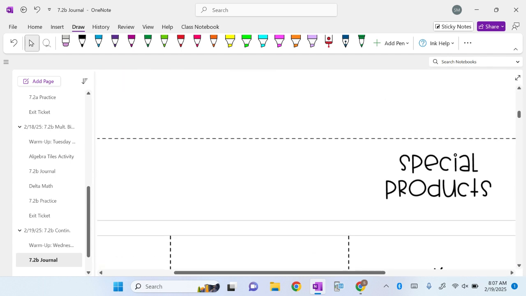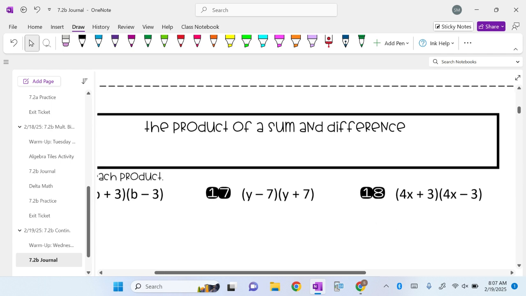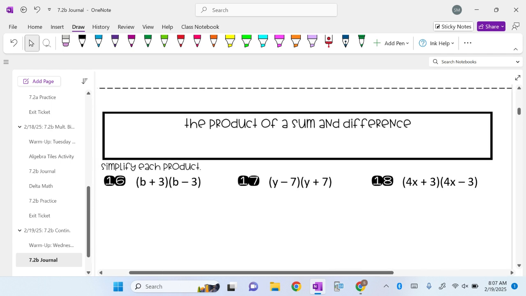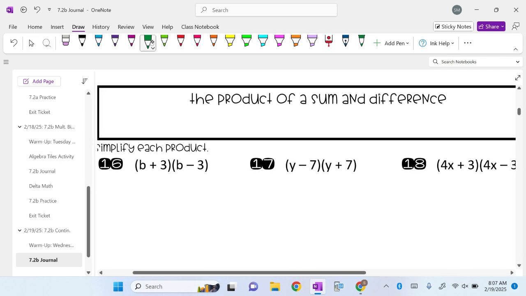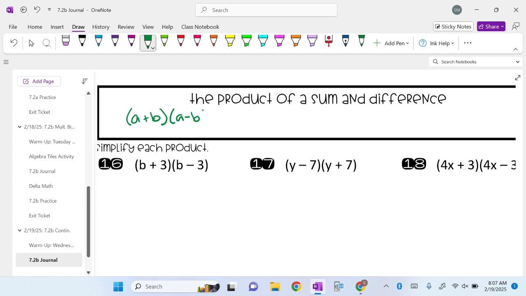Now, the last special case is the product of a sum and a difference. It's basically saying if you have a plus b times a minus b. So you have the two same terms, but one of them separated by a plus, one of them separated by a minus.